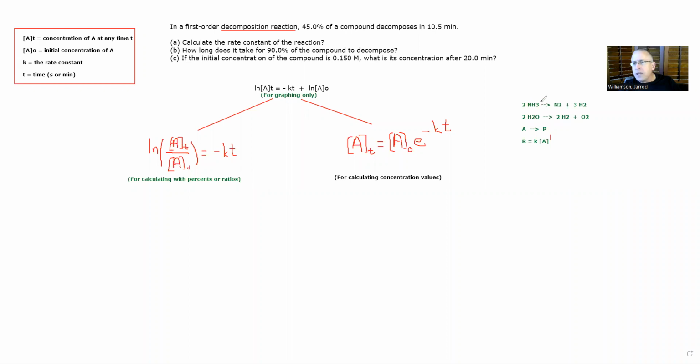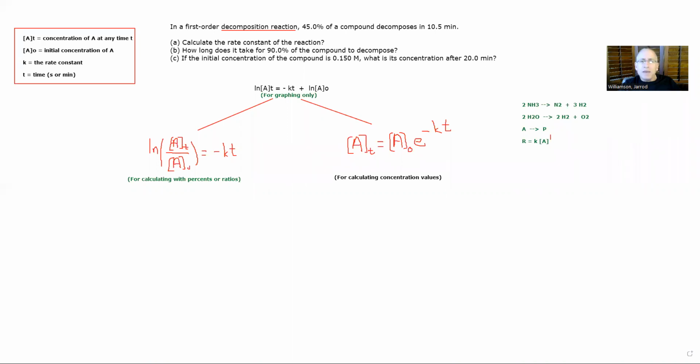Ammonia, NH3, decomposing into N2 plus H2. And this is 2H2O decomposing into H2 and O2. Okay, those are examples of decomposition reactions.